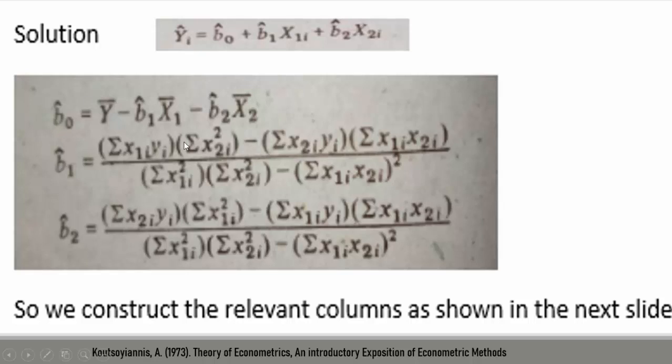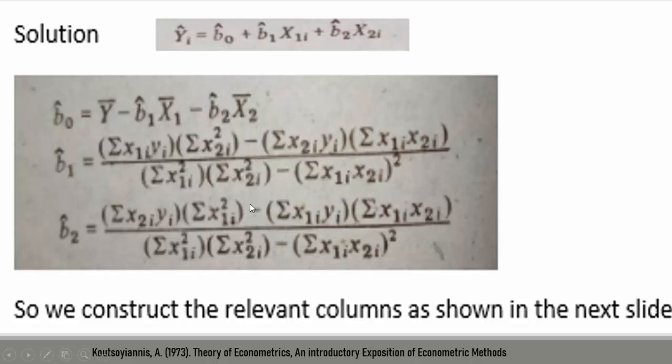Dear students, I wrote the formulas at the beginning of this solution because through them we will come to know what kind of calculations we have to make. We will need y bar, and you know that y bar is equal to summation of y by n. Similarly, we will need x1 bar, which is summation x1 by n, and x2 bar, summation x2 by n. We will need the deviated forms, small x1, small x2 and small y.